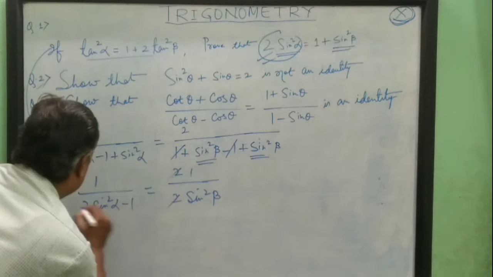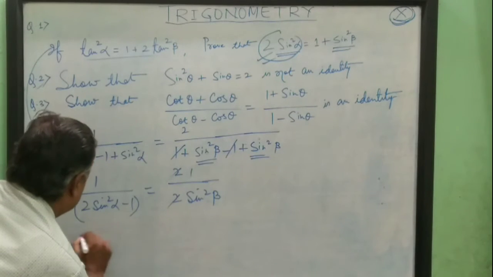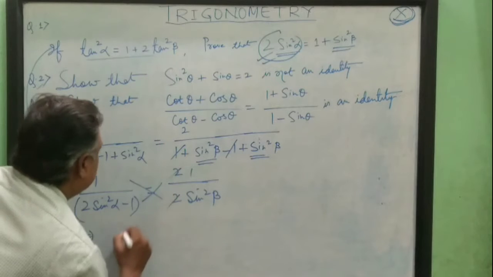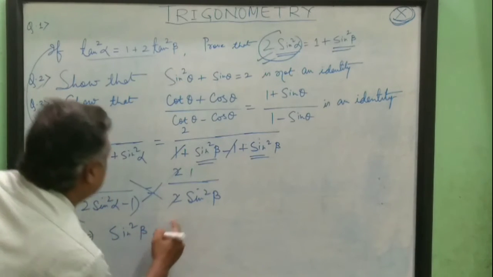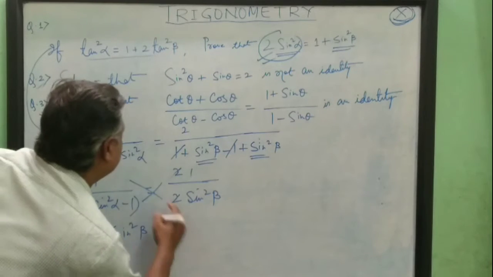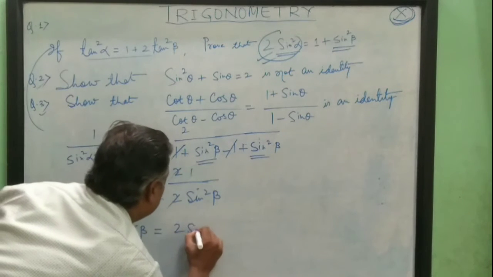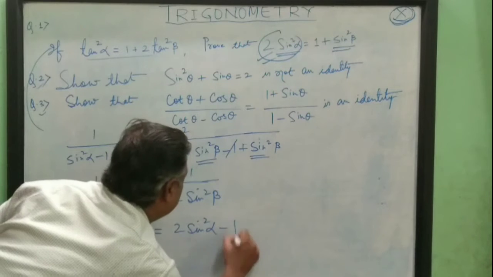Now cross multiply. So by cross multiplication we get sin square beta into 1 equals 1 into 2 sin square alpha minus 1.